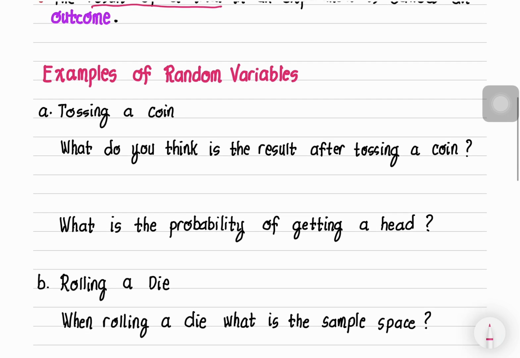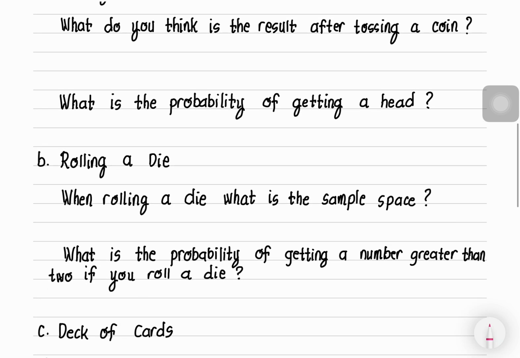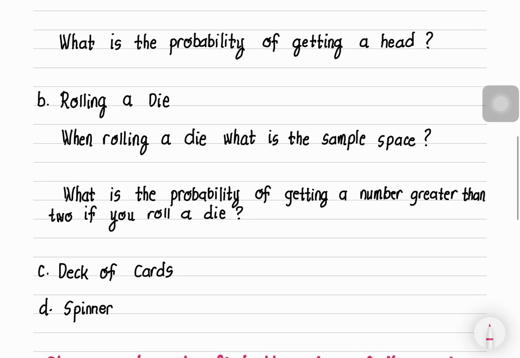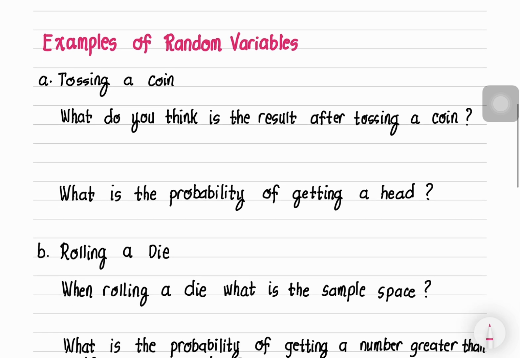Examples of random variables. These are a few examples of random variables. Those are tossing a coin, rolling a die, deck of cards, spinner. Okay? So, first, we have tossing a coin. What do you think is the result after tossing a coin?